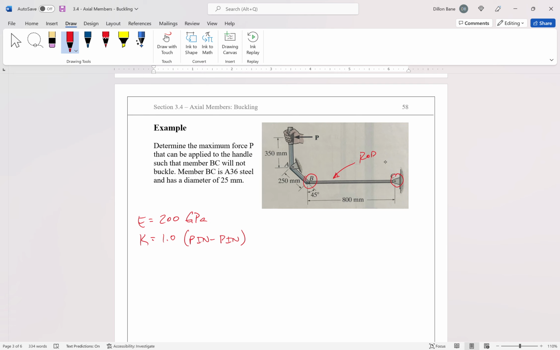And then finally, the unsupported length of our member. We've got pin at B, pin at C, so our unsupported length is 800 millimeters, 0.8 meters. Good. So the only variable that we need in our critical load equation is the moment of inertia.